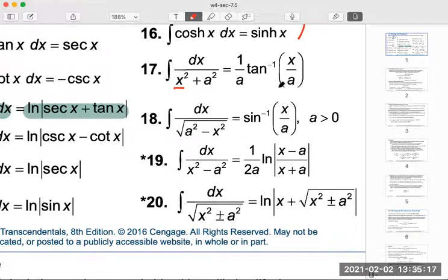Substitute it here, you can find this formula. Similarly, this is the radical of a squared minus x squared. Review section 7.3 to see how to deal with this. And 19 and 20, similar things.